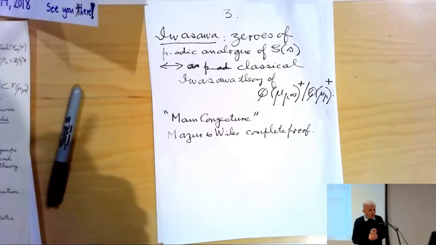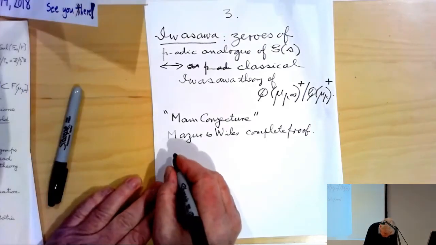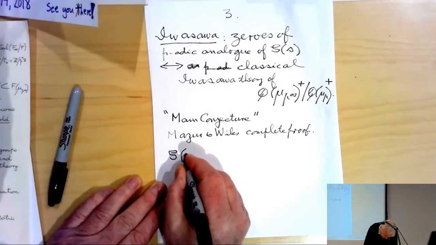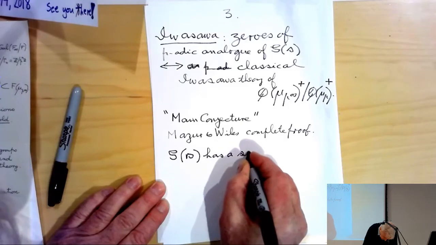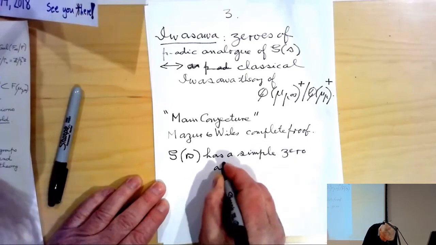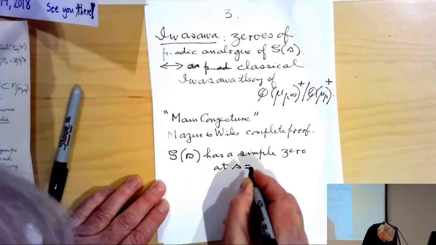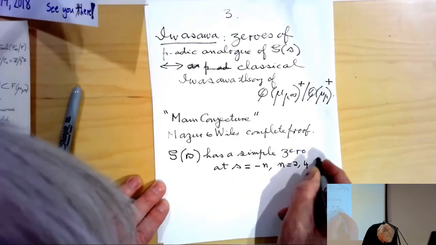Now, I should say that there is one very interesting problem about the p-adic analog of the classical complex Riemann zeta function, which is unsolved, and which it would be very interesting to solve. Namely, it's a fact that zeta of S has a simple zero at S equals minus n for n equals 2, 4, 6, and so on.